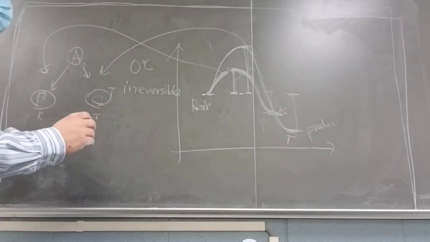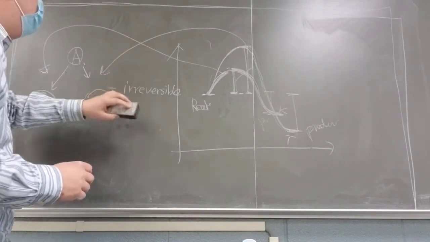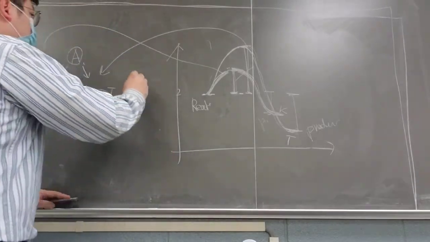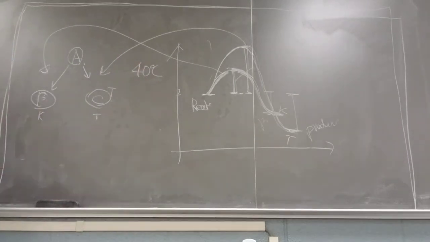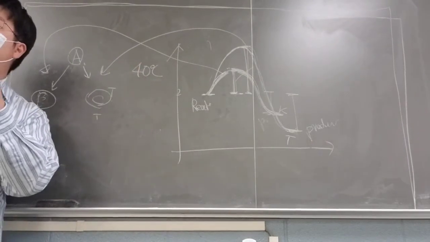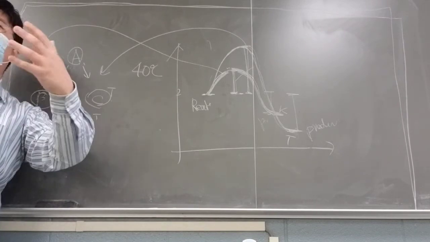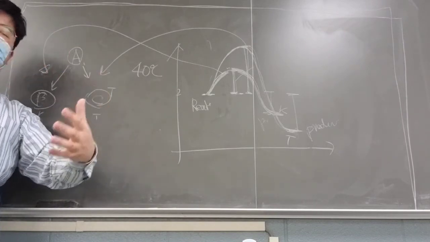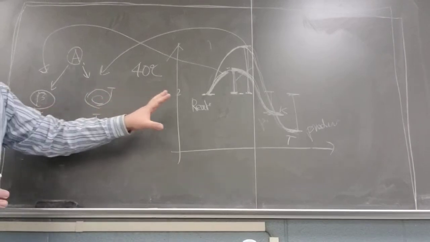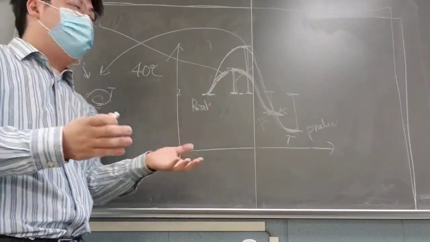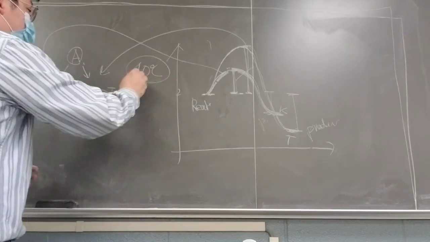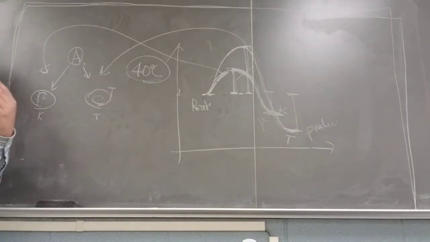But let's change the temperature. Okay, let's change the temperature. So let's change to 40 degrees Celsius. So in this case, once again, temperature means the available heat energy in a unit volume. So in this case, they don't have much of an energy problem here because you have quite a lot of heat energy available that can be transformed into the kinetic energy of their reactants.